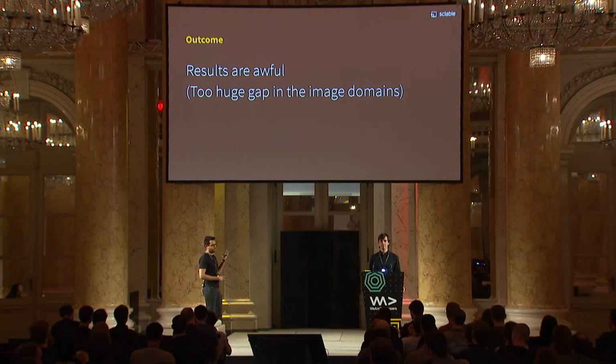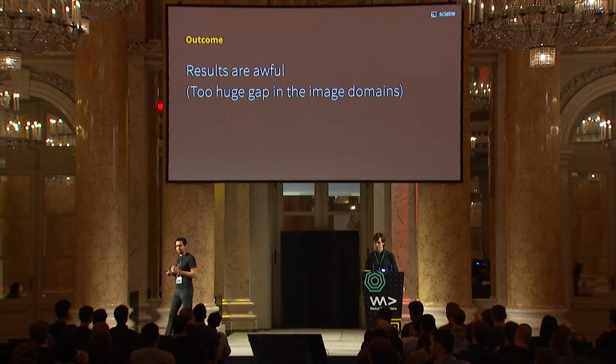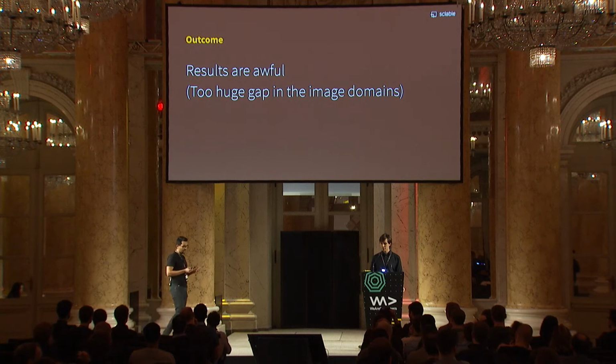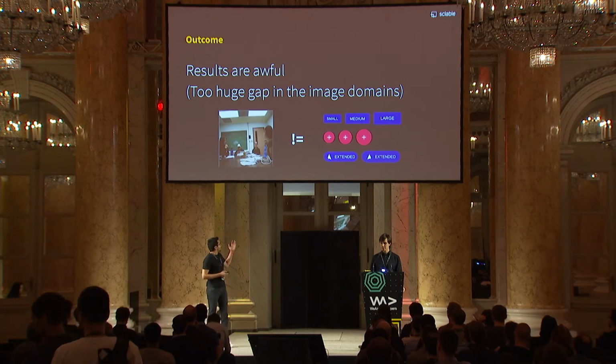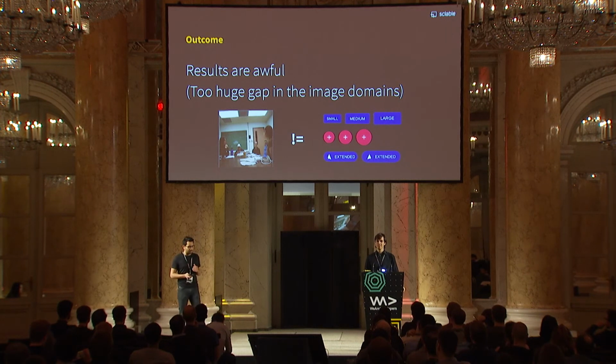For example, we wanted to classify web UI, but we used a ResNet 50 model trained on the ImageNet dataset, and it does not contain any images of web UI. So what happened? The image domains were different, and it hurt our results. This is an example: ImageNet is not similar to web UI elements.